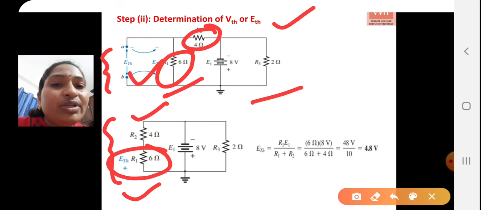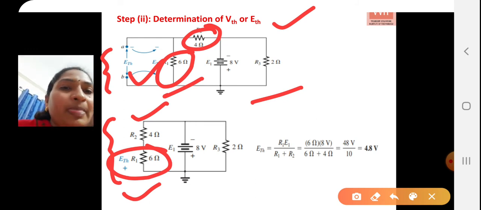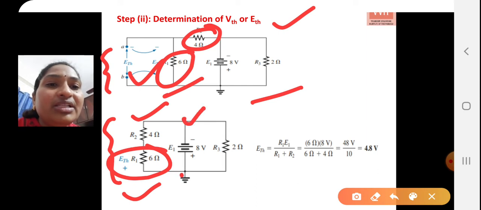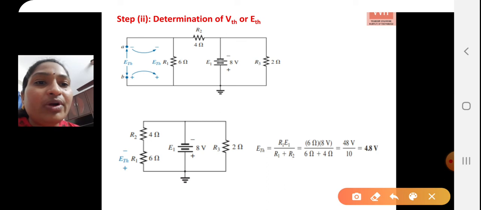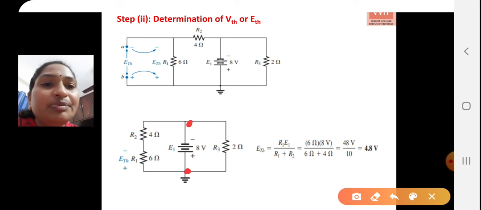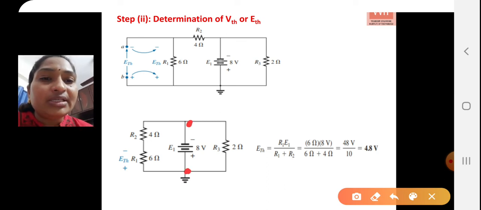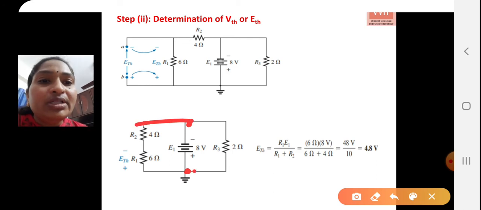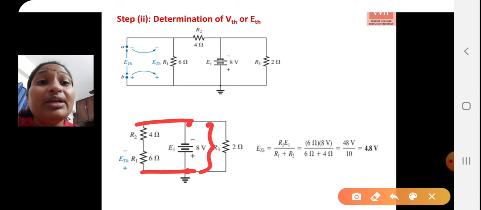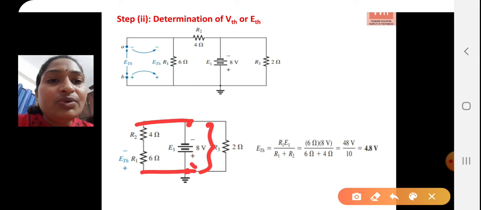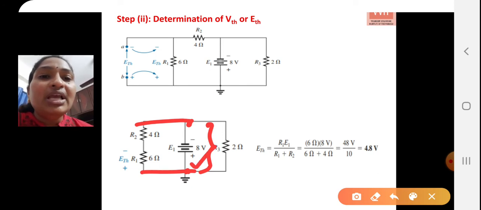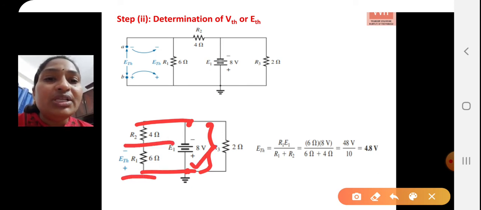The voltage source E is connected across these two branches, the 4 ohms and 6 ohms branches. That means whatever the voltage of 8 volts is, it is divided across 4 ohms and 6 ohms.